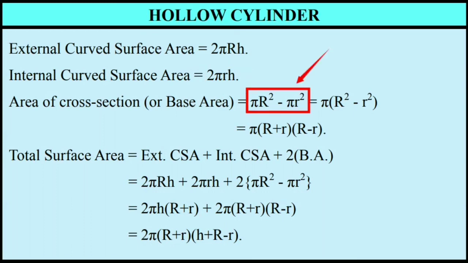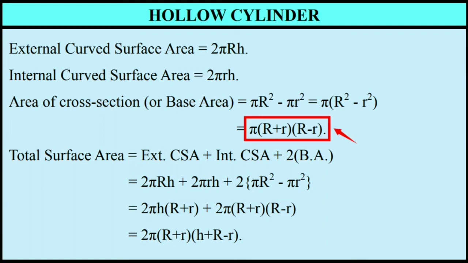Next is area of cross section or base area, that is the area of the external circle minus area of the internal circle, pi into capital R square minus pi into small r square. And here the factorized form of area of cross section is very much useful in calculation.